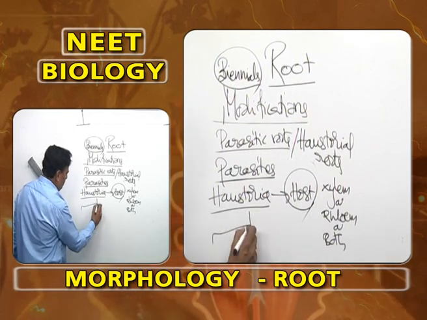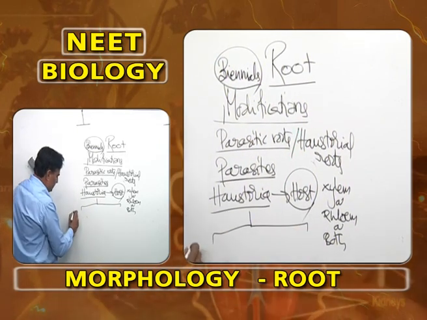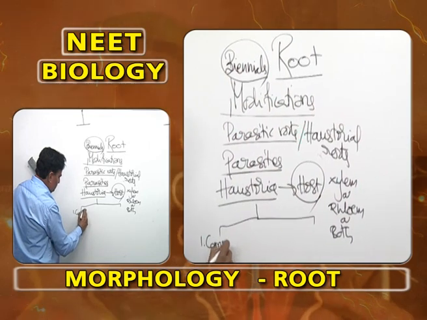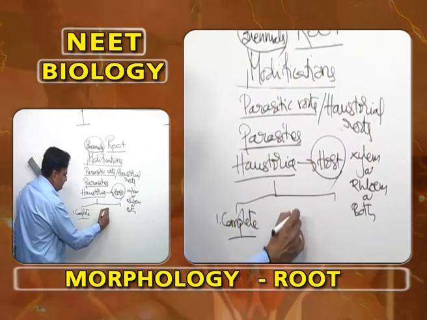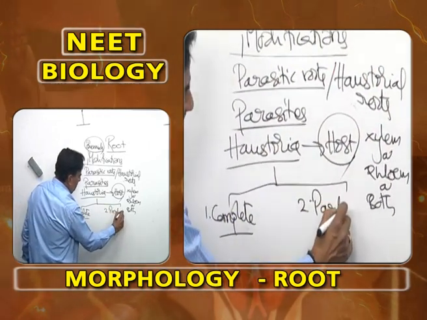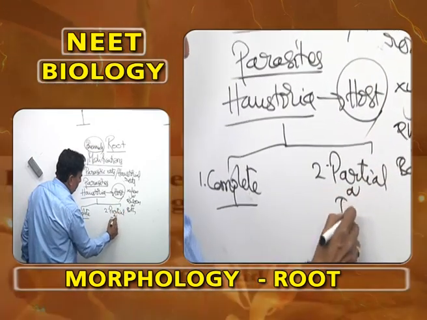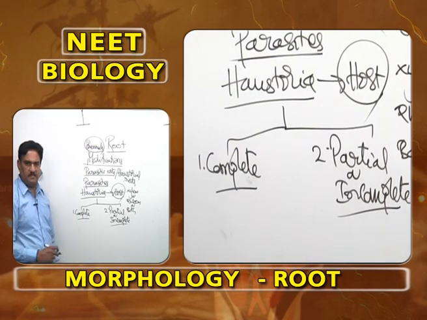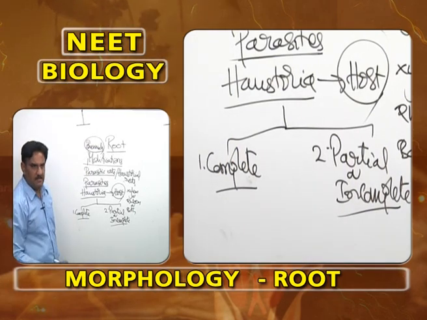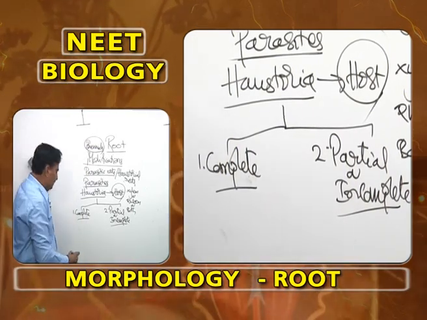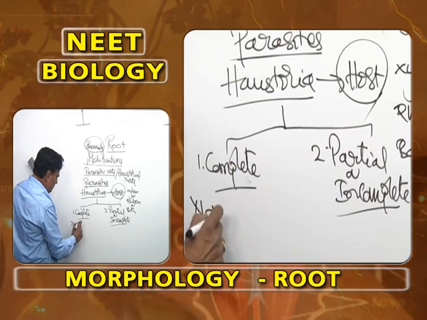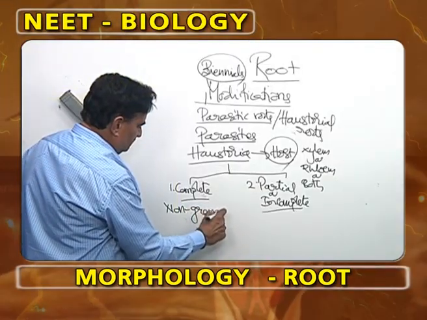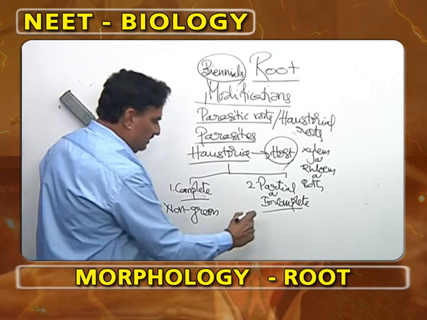Based on collecting the food material from the host, parasites are divided into two types: complete parasites, and partial or incomplete parasites. Complete parasites are totally non-green.